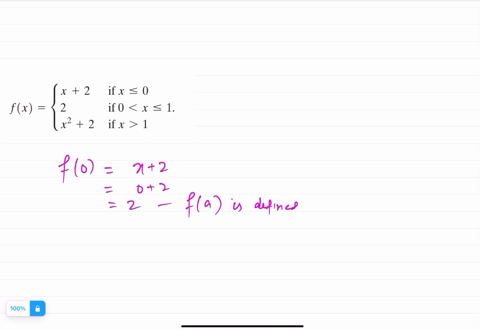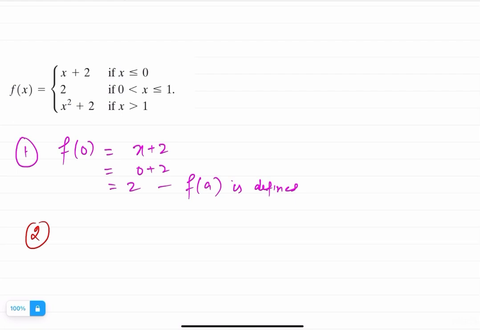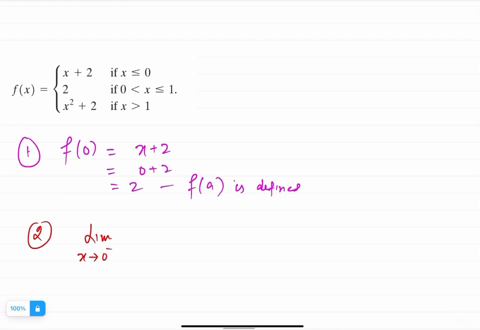Now, the second condition is: is the left hand limit equal to the right hand limit? If we want to find the limit when x is approaching 0 from the negative side for function f(x), limit x approaching 0 from the negative side, we will take the function that is for x lesser than 0. That is the first part, x plus 2.